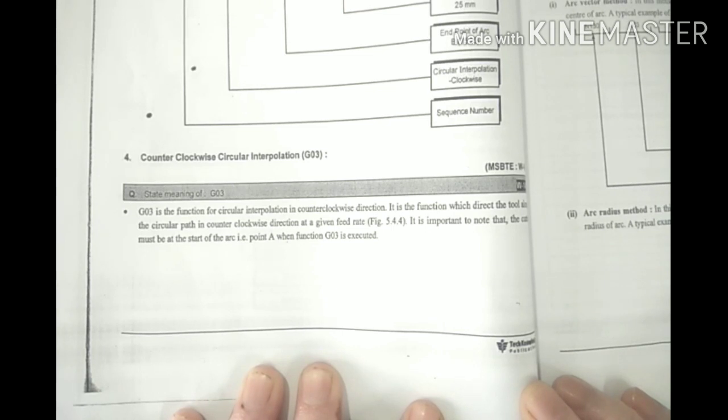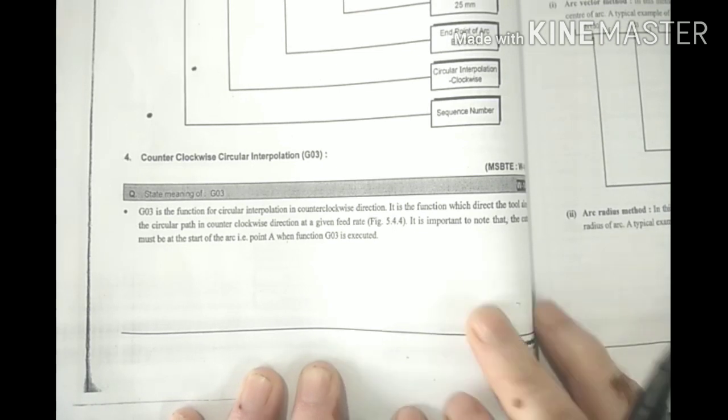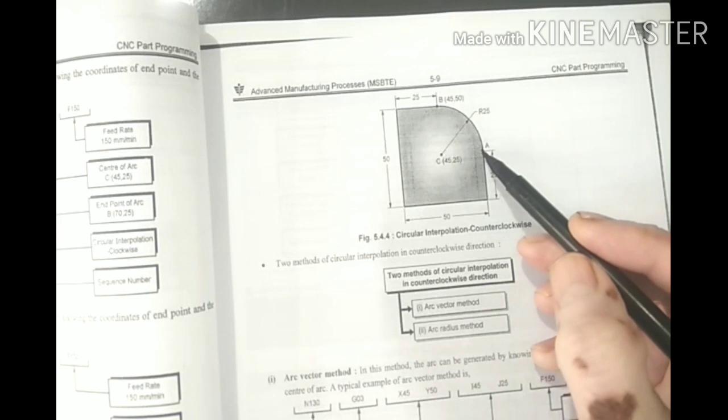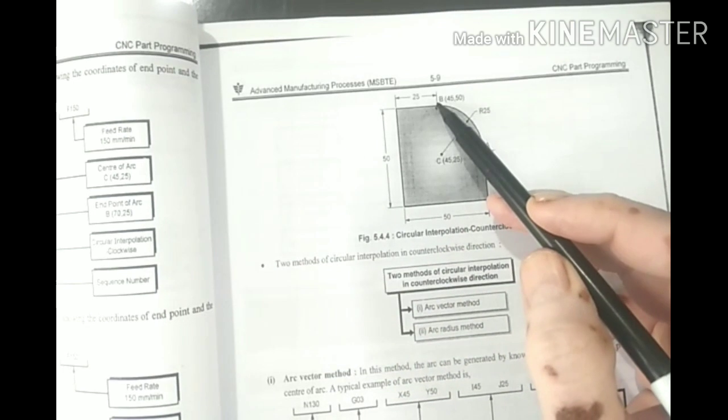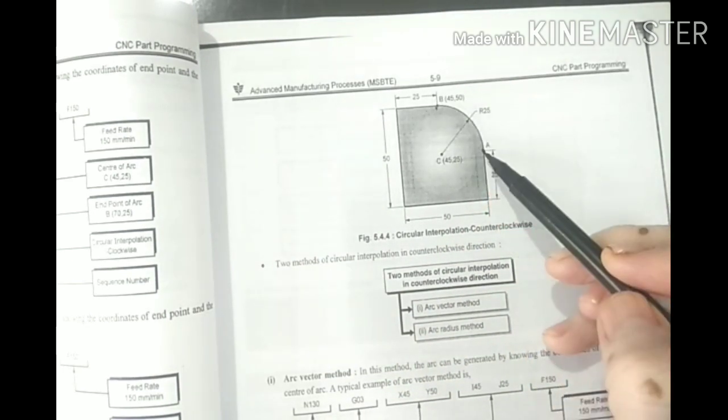It is important to note that the cutter must be at the start of the arc, that means A, when the function G03 is executed. In the figure you can see here, this starting point is A and end point is B here. Previously starting point was A here and B was here.